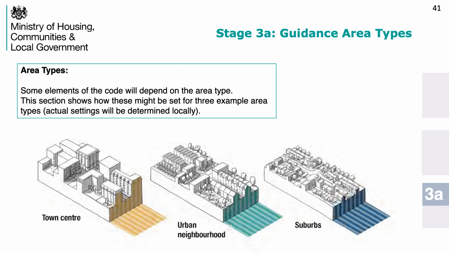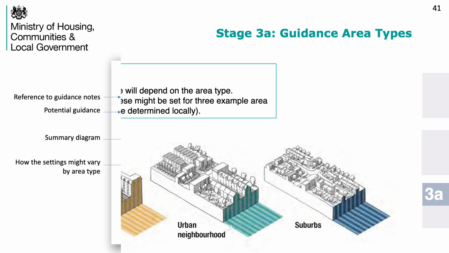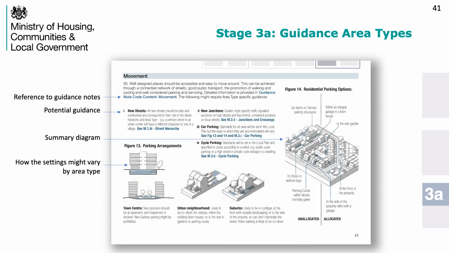We then have a set of potential policies or guidance, which could be used directly in local codes. And at the bottom of the page, there are then 3 examples about how that guidance would differ by the 3 different area types that we're using. And then on the right-hand side, there's a summary drawing showing what happens when you bring all this together.